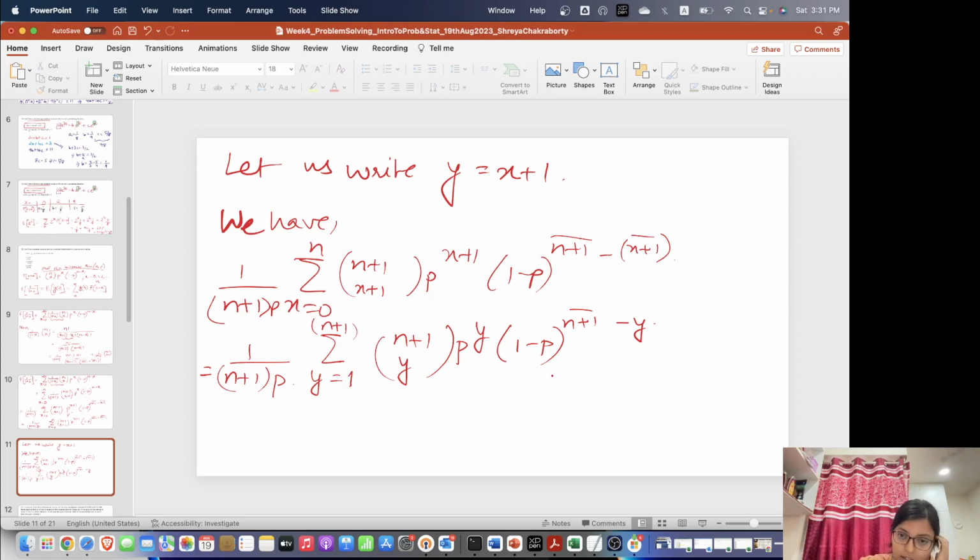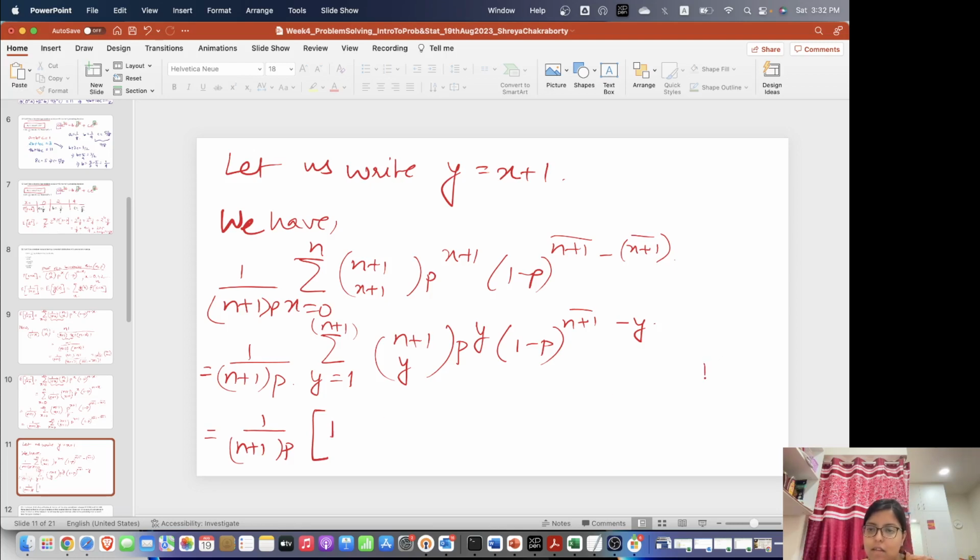Okay. So if we would have had y from 0 to n plus 1, this would have been the binomial expansion of p plus 1 minus p to the power n plus 1, and that would have been 1.